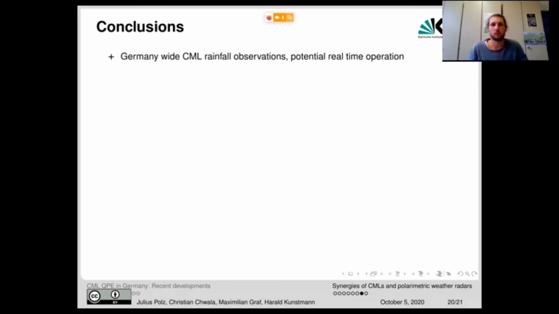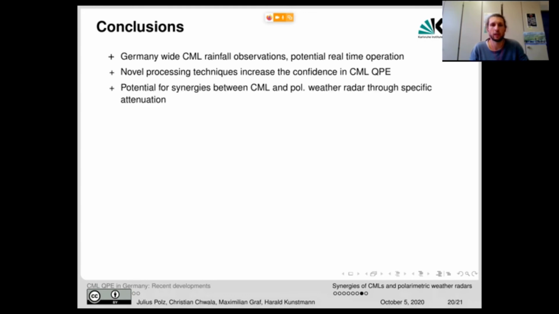We do Germany-wide CML observations. We have a potential for real-time operation. The new processing techniques increase our confidence in the CML QPE, and the potential synergies between CMLs and polarimetric weather radars are also quite obvious.